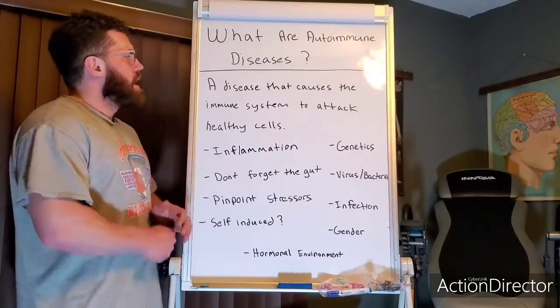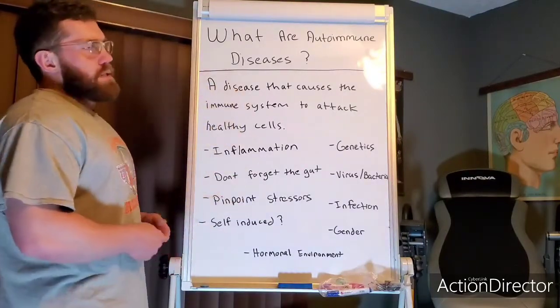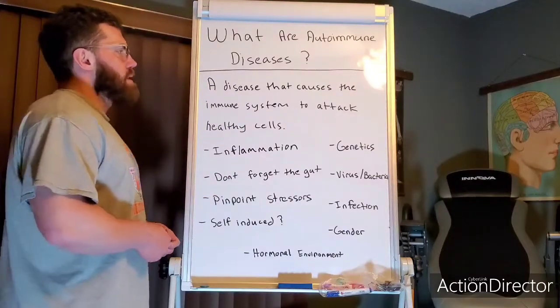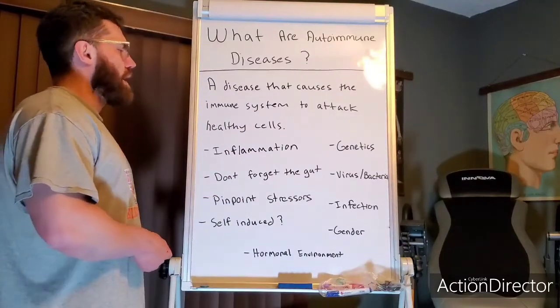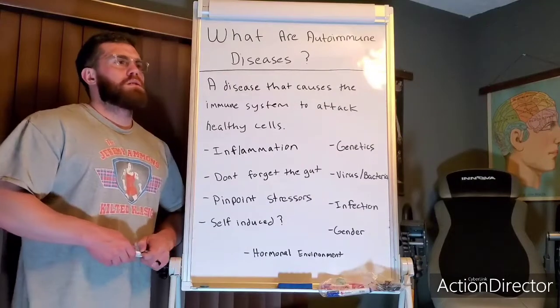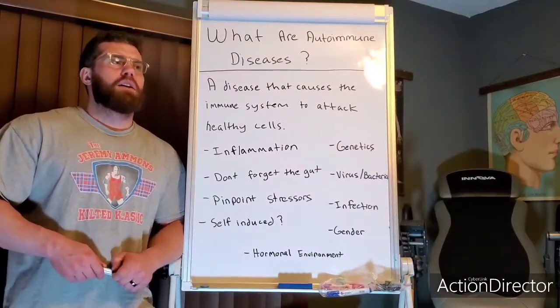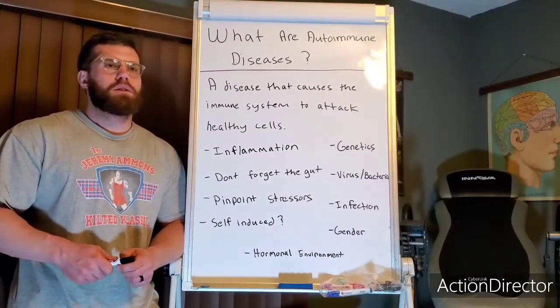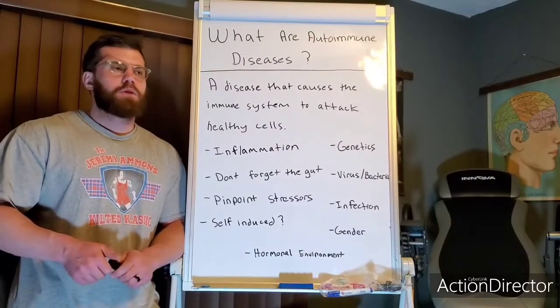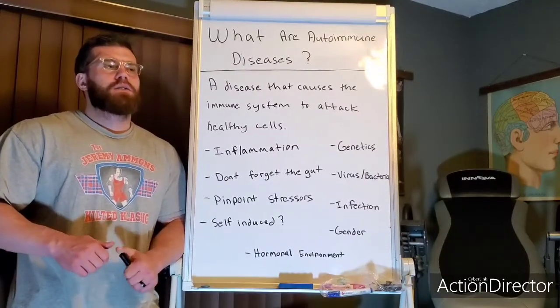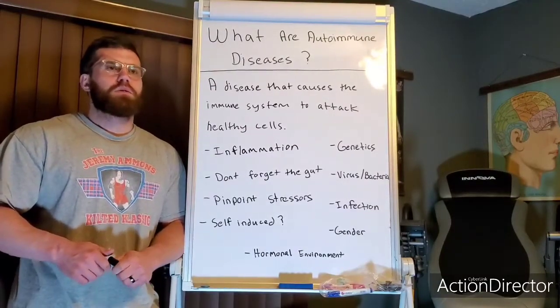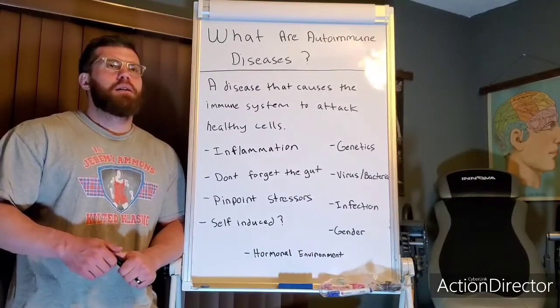An autoimmune disease is, as the name implies, a disease that causes the immune system to attack healthy cells. Essentially, you're having an overstimulation of the immune system. There's a faulty immune response, and it's attacking certain cells, tissues, and organs.